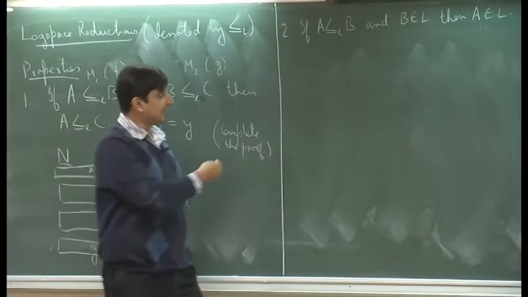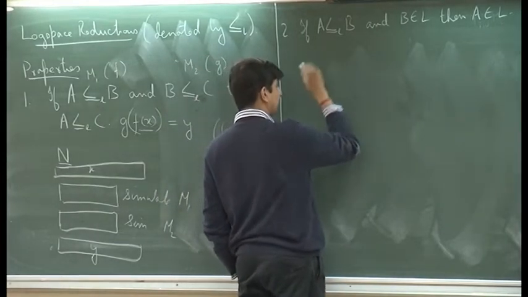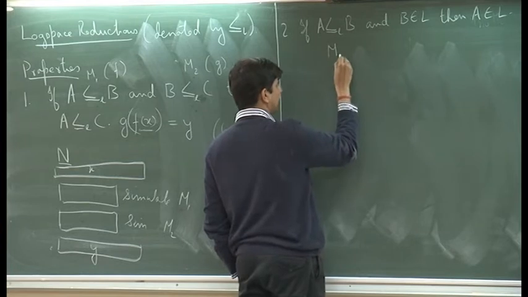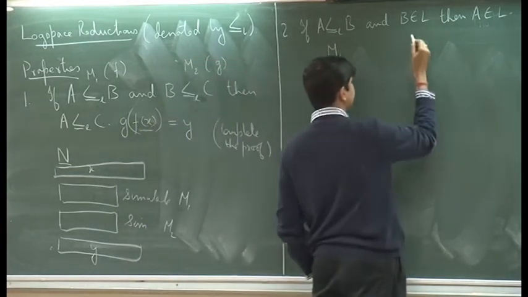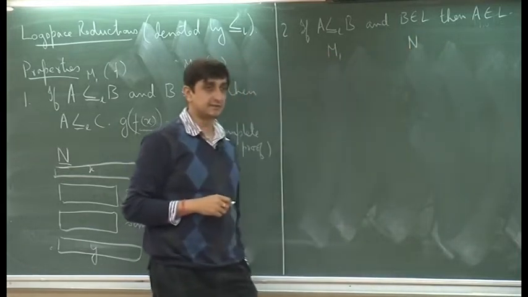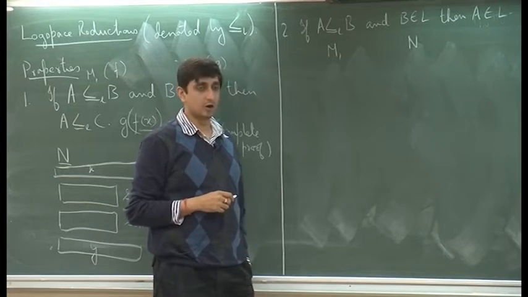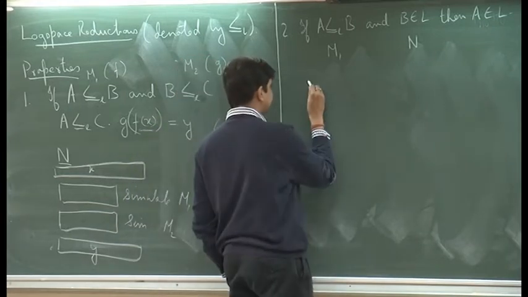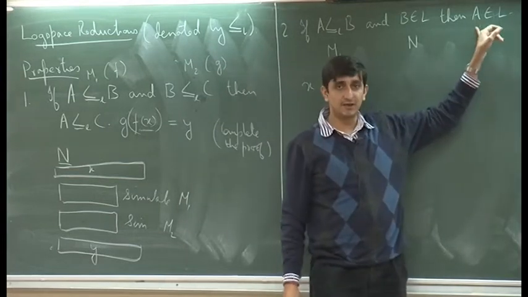So, again the idea is the same. Suppose you have a log space machine M1 which computes this reduction, and you have a machine, let us say N, which decides if a string B is in L or not. Given an input x, I want to decide if x belongs to A or not.